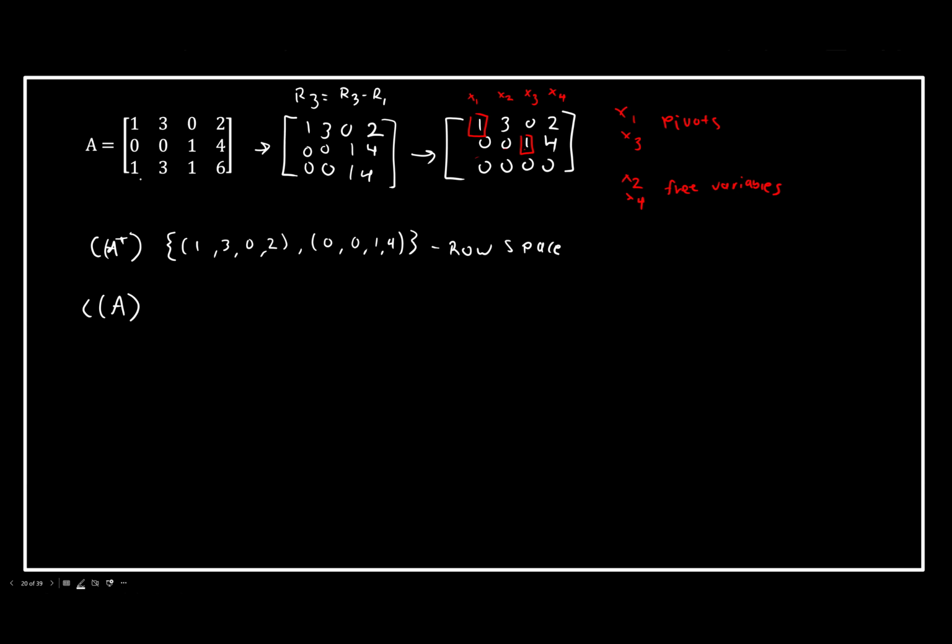So we say x1 is a pivot and x3 is a pivot, so we go back to our original matrix and find the columns there. So the span will look something like 1, 0, 1 and 0, 1. Does that make sense? We can't take these rows or these columns.